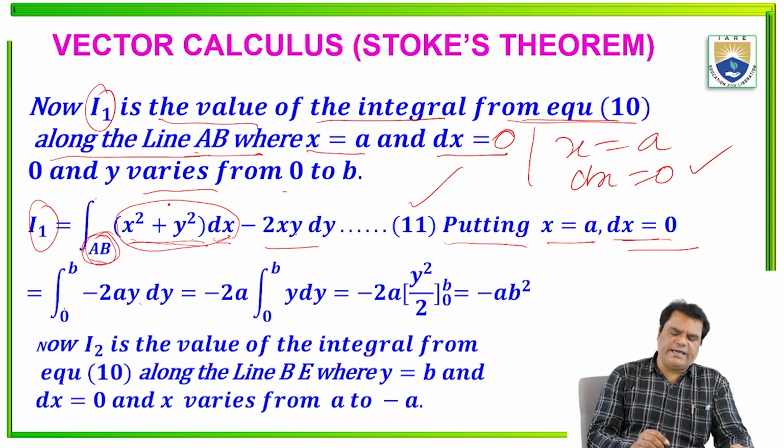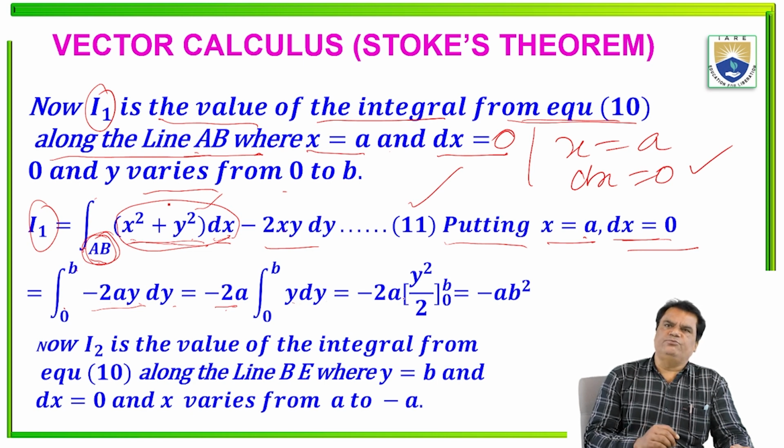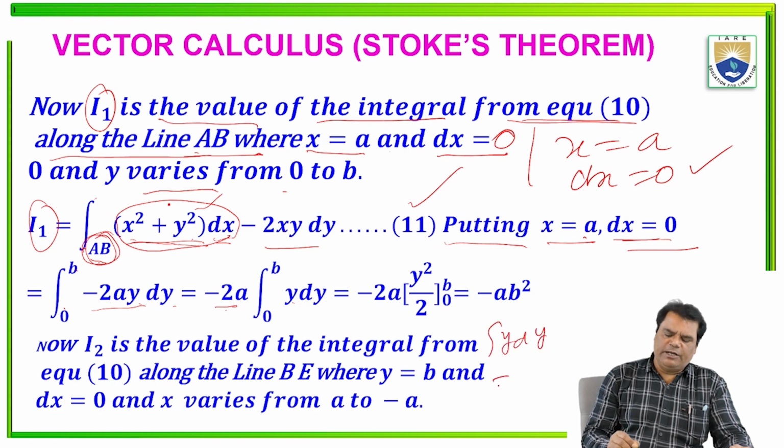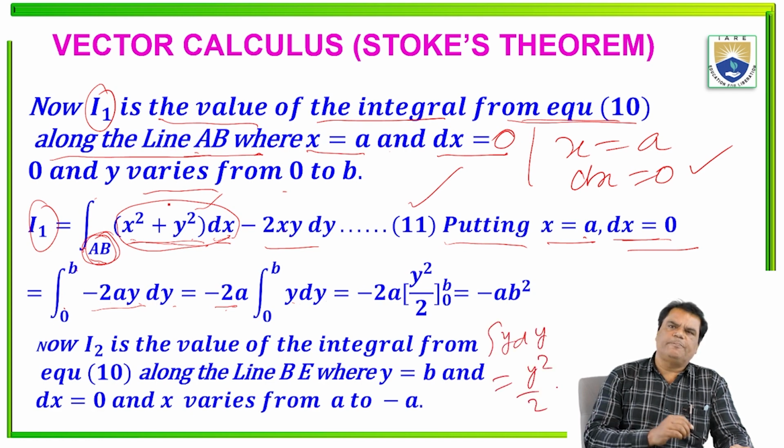Minus 2x, where x is a, so putting x equal to a, we get minus 2a. Taking minus 2a common out of the integral, we integrate y dy, which gives y square by 2.